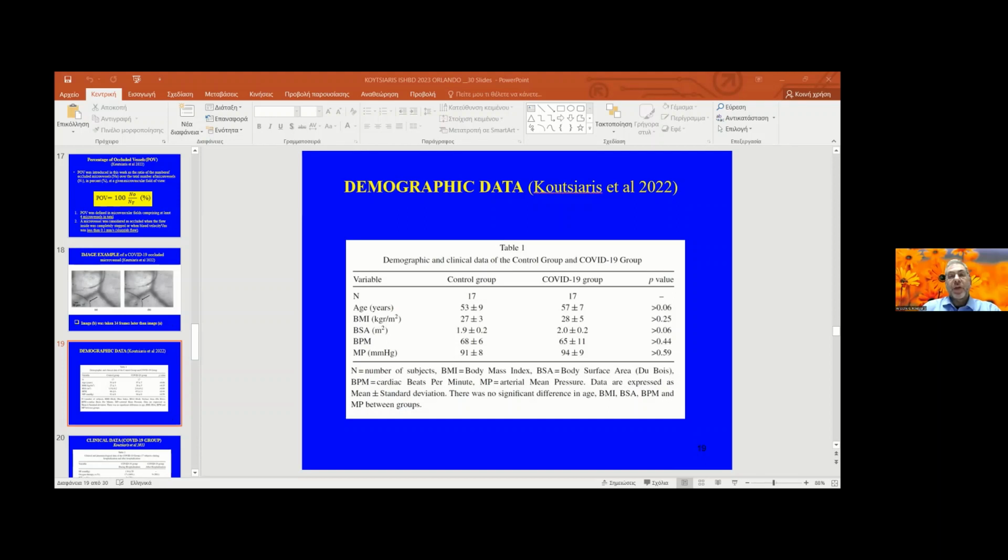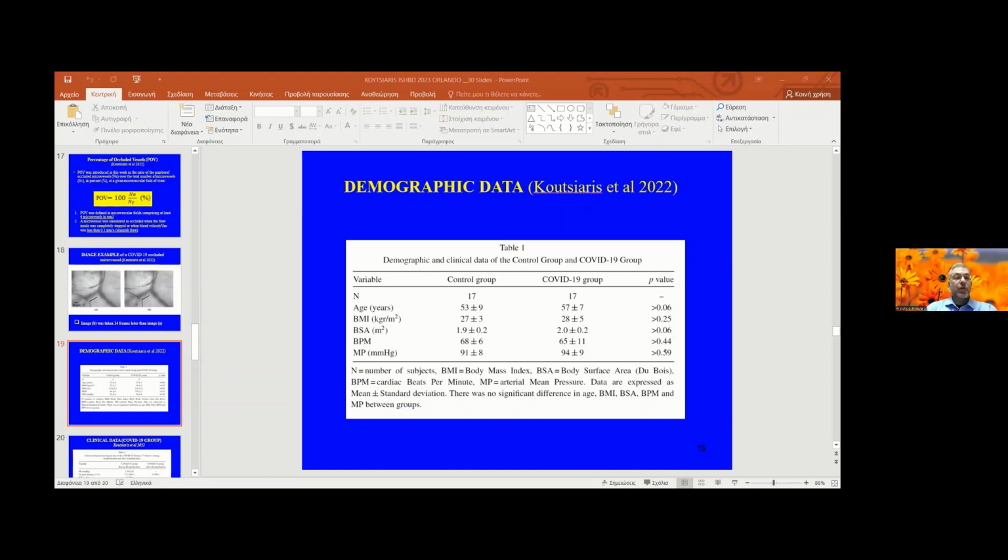So this column here is COVID patients in the acute phase, and this column here is COVID patients in the recovered phase. So as you can see, hemosiderin deposits were statistically higher in the acute phase, and capillary density was statistically lower in the acute phase.